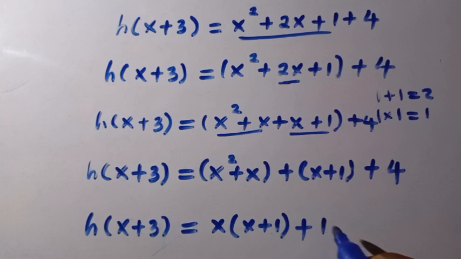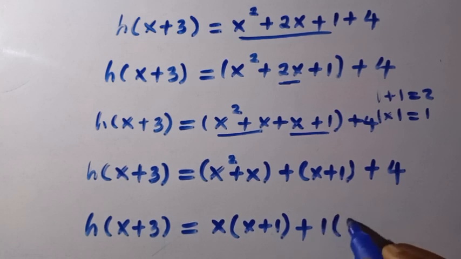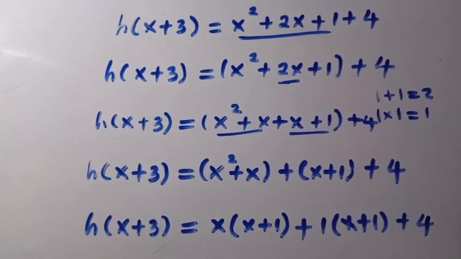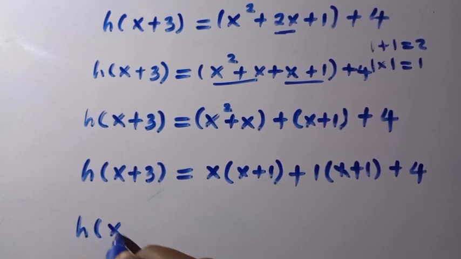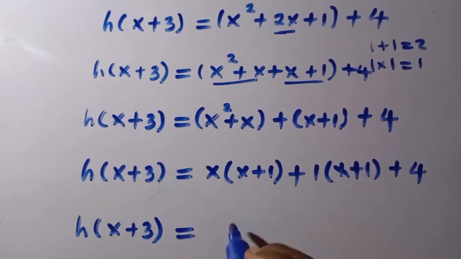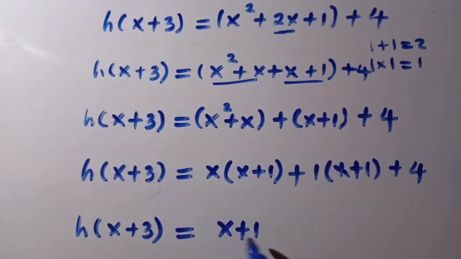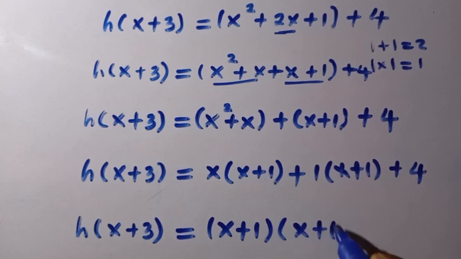Also plus, when we take out 1 here, we have x plus 1, then plus 4. To show the full way of factorizing, h of x plus 3 equals x plus 1 multiplied by x plus 1, plus 4 at this side.